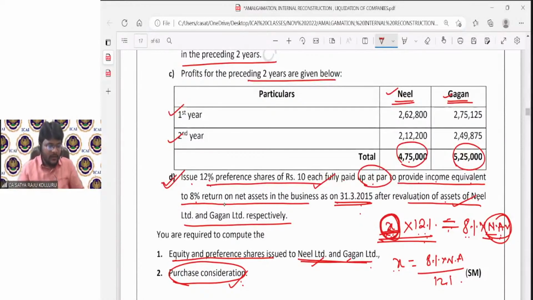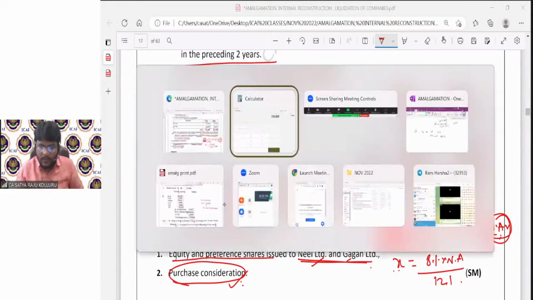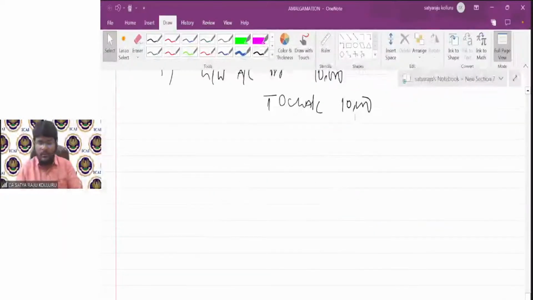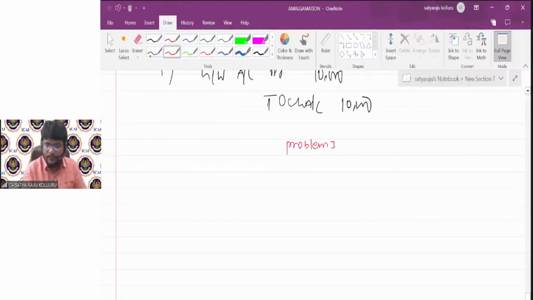That's it. Fine. Please all of you come to my OneNote. Guys, please all of you help me out with your calculations. Problem number 3, right? Calculation of PC (net payments method).